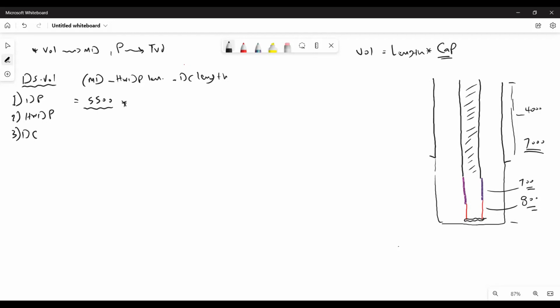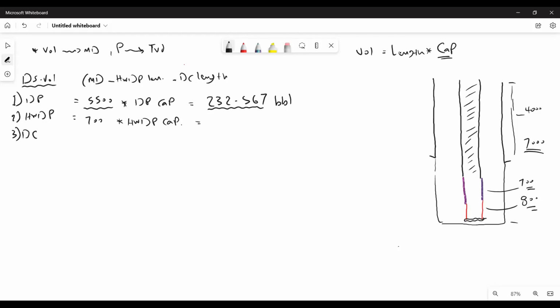We need to multiply that by the drill pipe capacity. Any number, so let's say the answer is 232.567. We need to just keep 3 decimal places. Now the answer in parallel. For heavy wall drill pipe, we have its length 700 times the heavy wall drill pipe capacity.